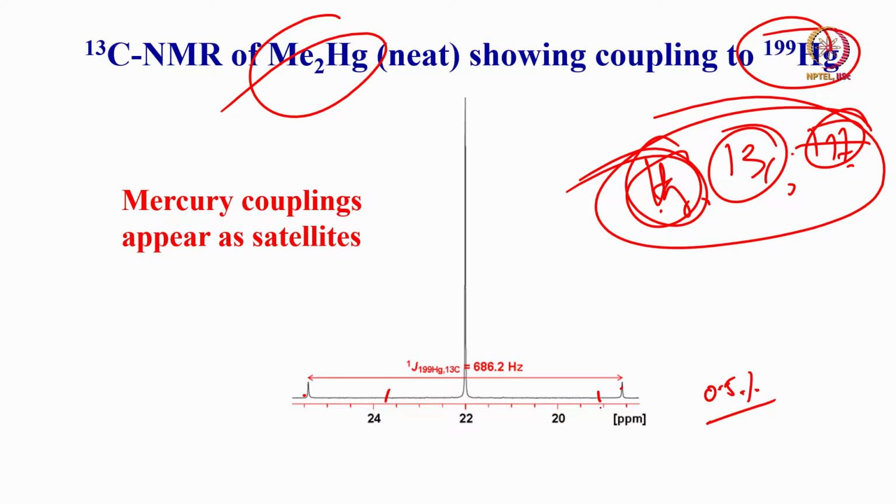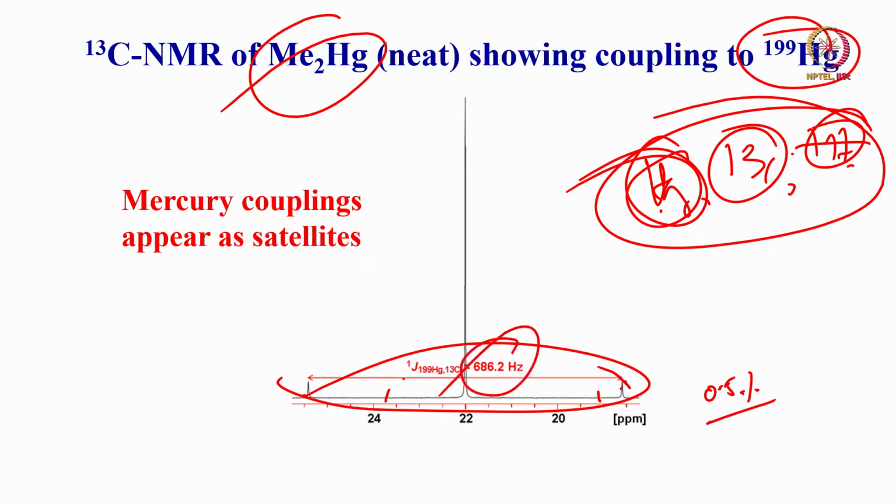But here you see, this intensity is much better. The abundance of this mercury is much better than that of carbon. So from carbon 13 NMR, you see mercury satellites, and from this you get the mercury-carbon coupling. Sometimes huge coupling. Remember, J coupling of nearly 700 hertz you see between mercury and carbon.